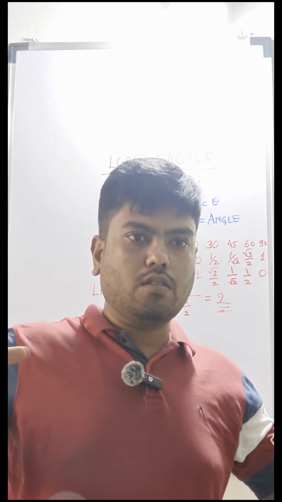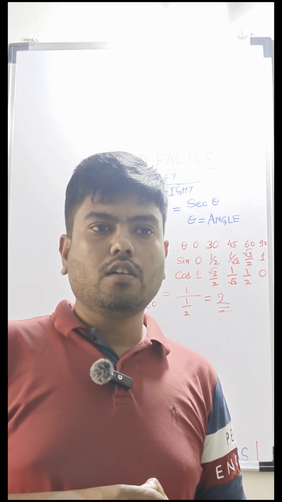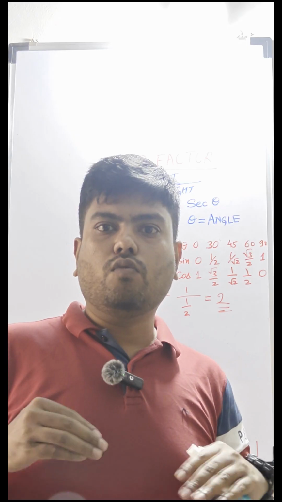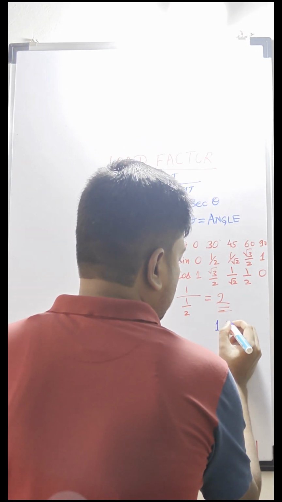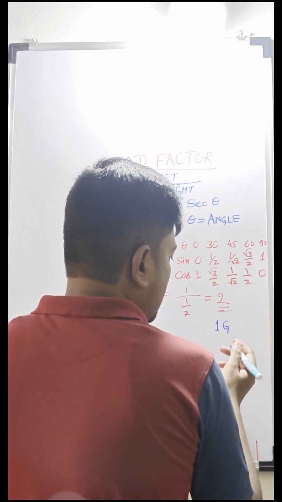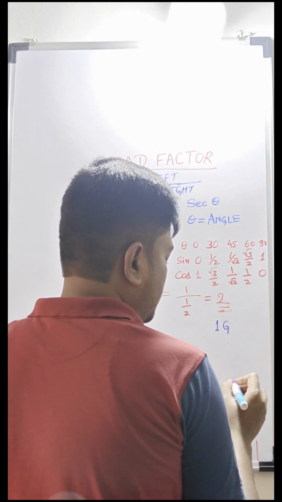All of us on the surface of the earth experience some kind of force on our body, right? And that force is equal to 1g, right? So I'll write it as 1g. G here is the number of times of gravity, right?